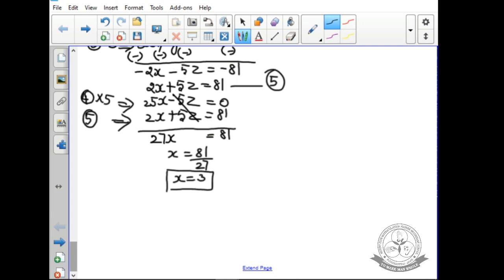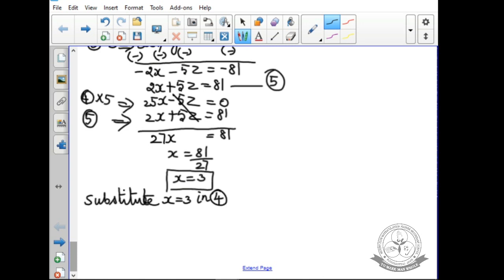Now substitute the value x equal to 3 in any one of the equations. You can substitute in the fifth equation or in the fourth equation. Substitute x equal to 3 in the fourth equation.